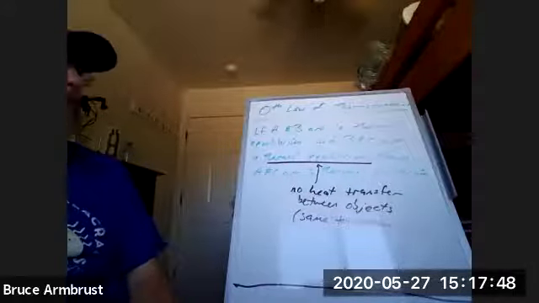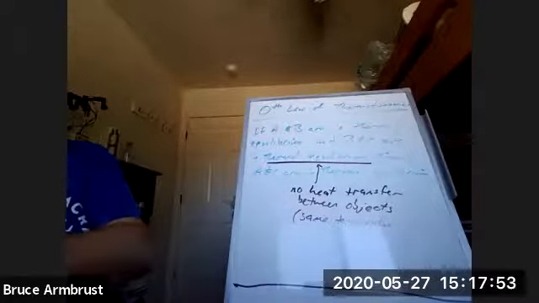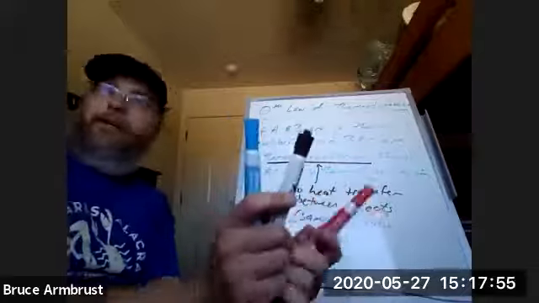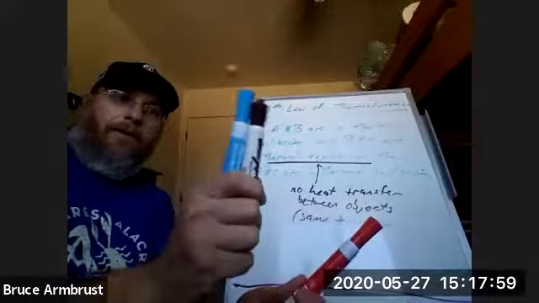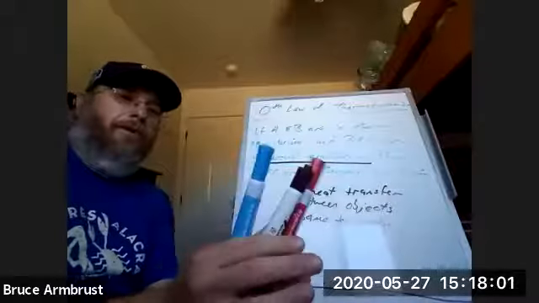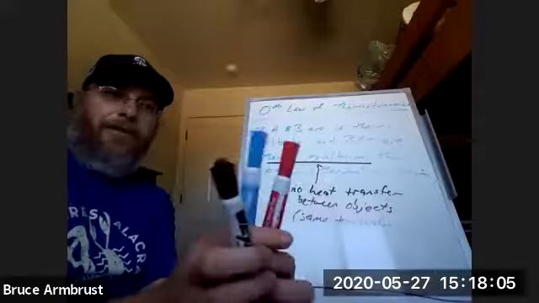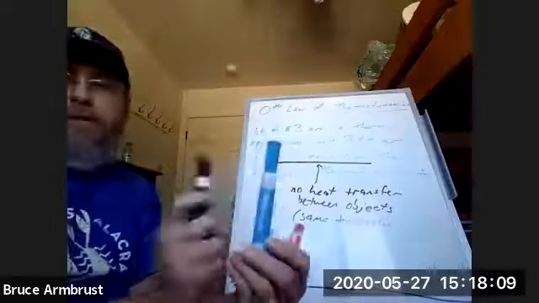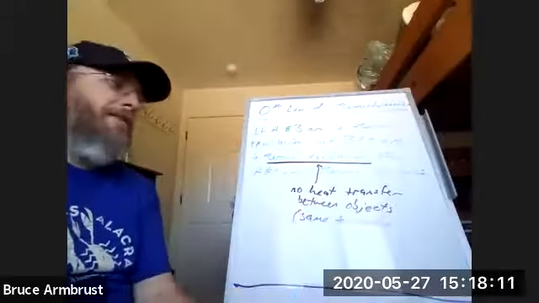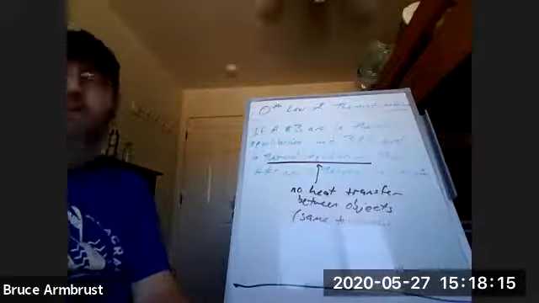Basically what this is saying is we've got three objects, A, B, and C. A and B are in thermal equilibrium. B and C are in thermal equilibrium. This is saying then that A and C are in thermal equilibrium. I know that probably seems silly because you might go, well, yeah, that makes sense.